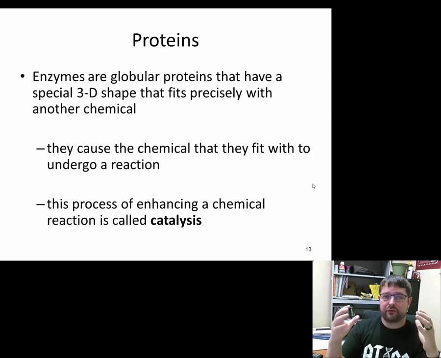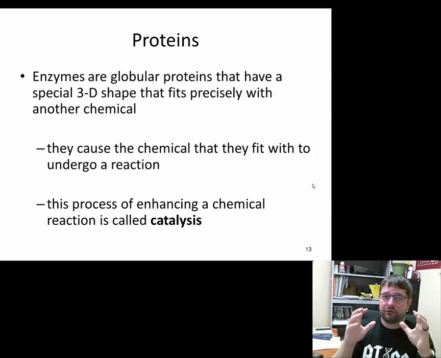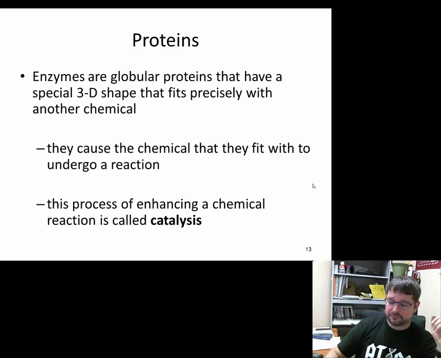In both cases, it needs energy for that to occur. Catalysts or enzymes decrease the amount of energy. We call that activation energy. It decreases the amount of energy needed for that to occur. By doing so, the reaction is sped up. And in some cases, the reaction would never even occur without that protein, without that enzyme. So it's not a matter of just speeding things up. Sometimes those enzymes are needed for the reaction to occur at all.